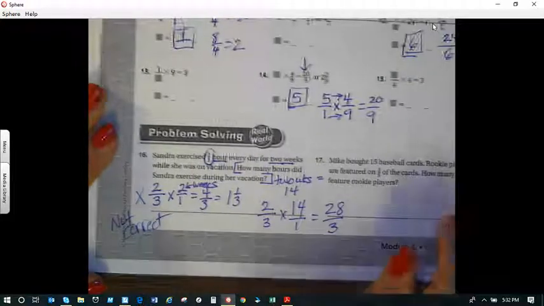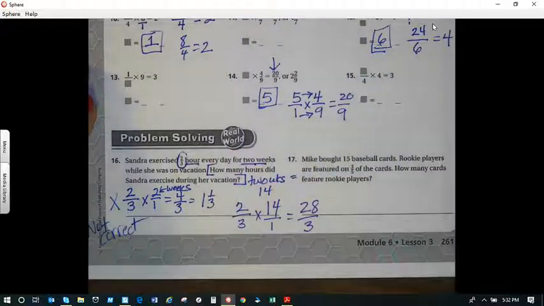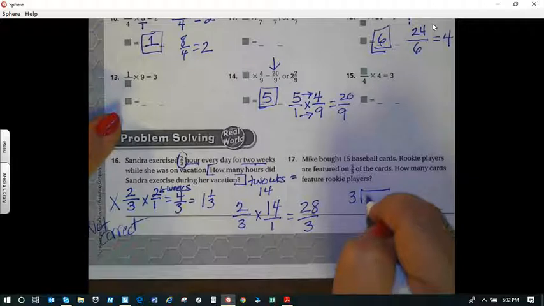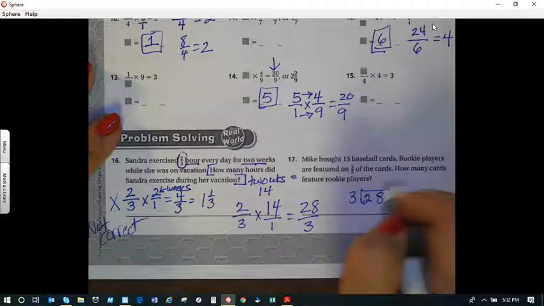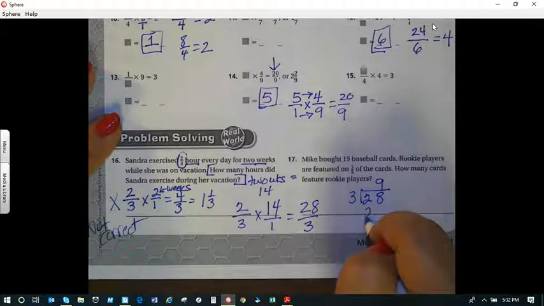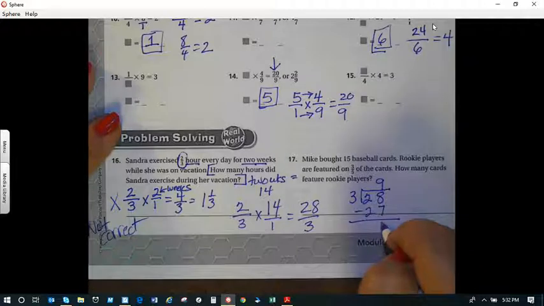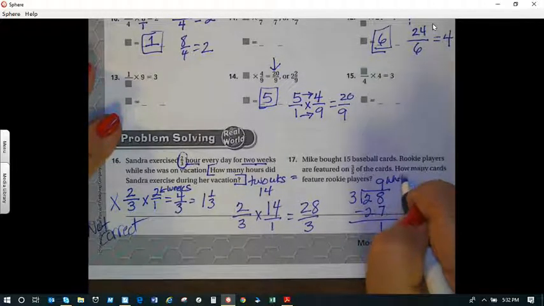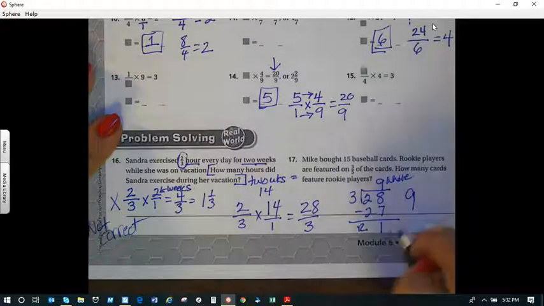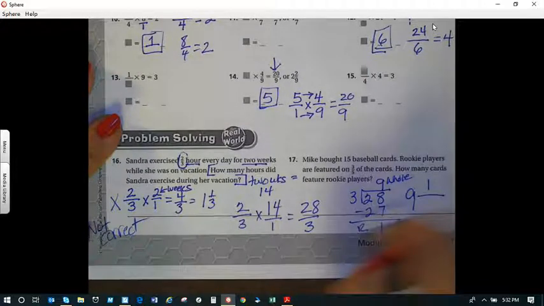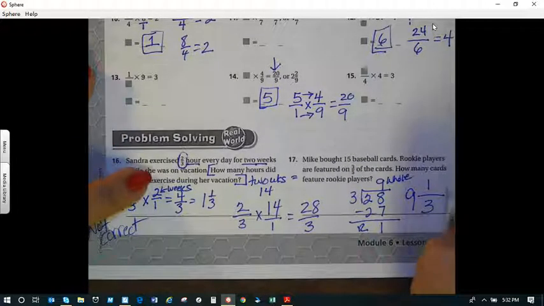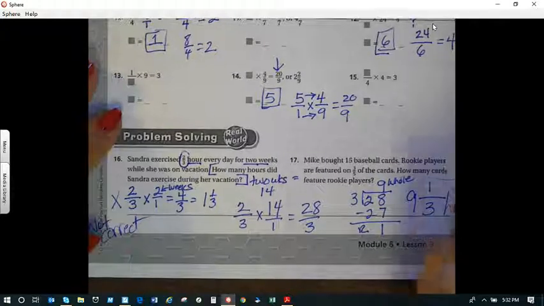All right, so you can keep subtracting out your 3s on your wholes, or 3 goes into 28, as close as you can get, it's 9, and makes it 27 with a remainder of 1. So my answer is 9 wholes. My remainder is my new numerator, and my denominator stays the same. So Sandra exercised 9 1/3 hours for the full 2 weeks.